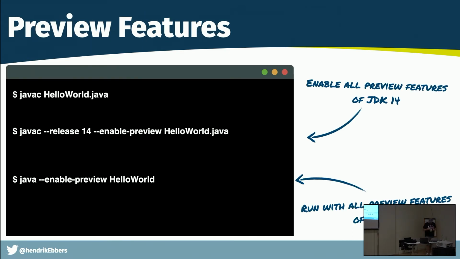The preview mode is to enable new functionalities of the Java language. For example, text blocks that have been added to Java some versions ago. So by adding this --enable-preview flag to the Java compiler or the Java command, you can enable previews that are already part of the JDK, but targeted to future versions.